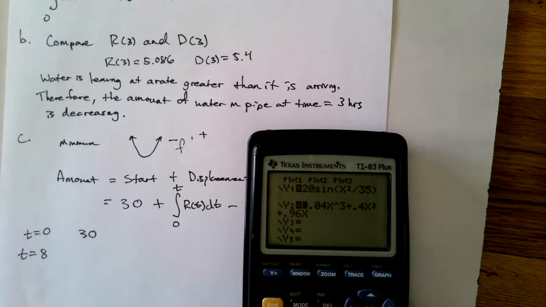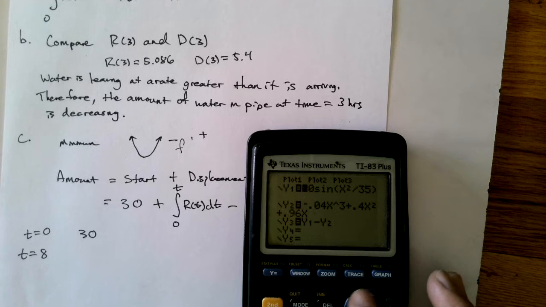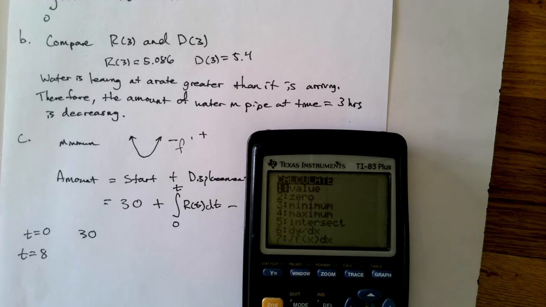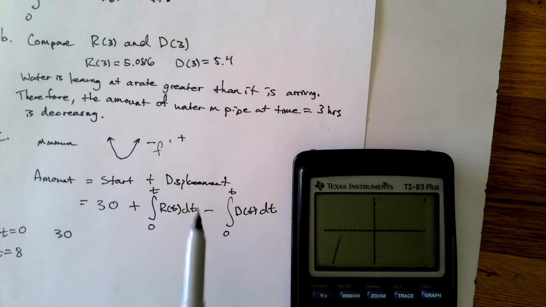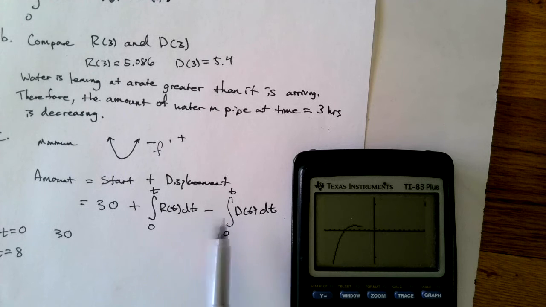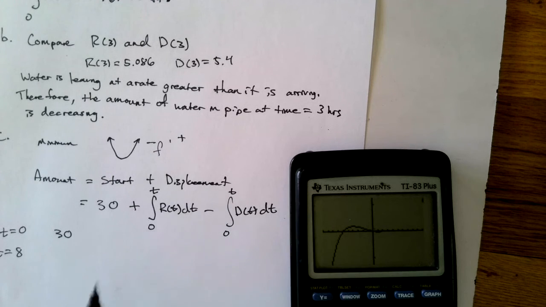So I'm going to save some time here, and I'm going to go into my vars, y vars, function, y1, minus vars, y vars, function, y2. And I'm going to take off my first two. So now I have y1 minus y2. So I'm going to calculate number 7 to figure out what that integral is. So you can use one integral instead of two. I wrote it using 2.